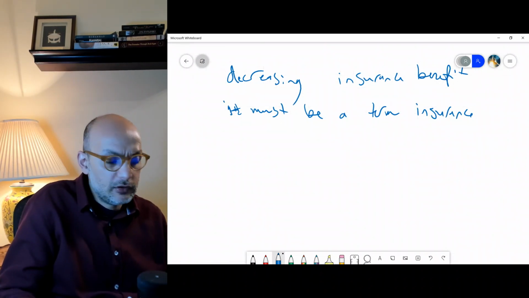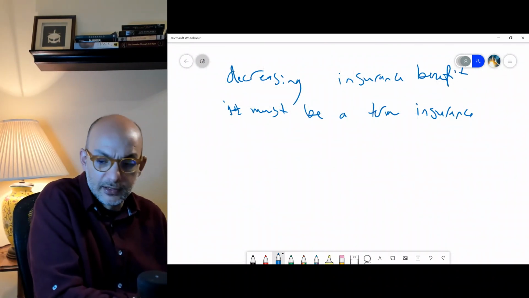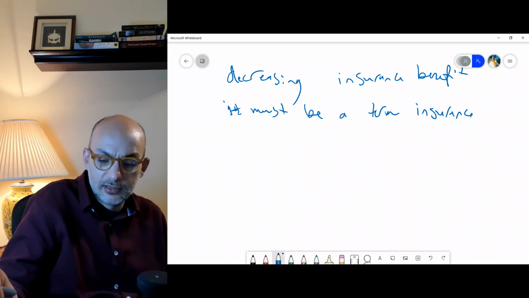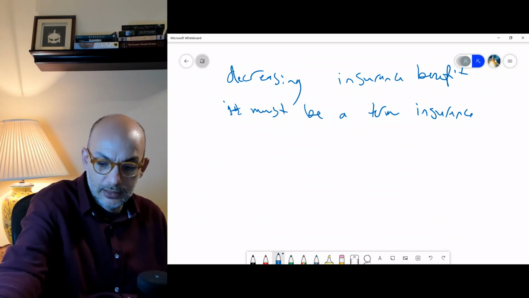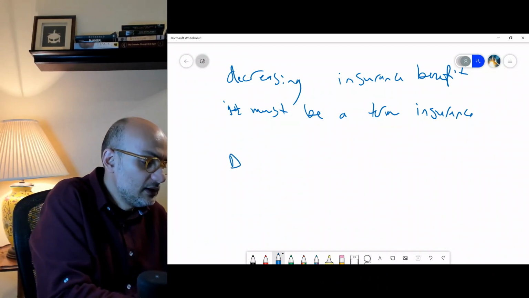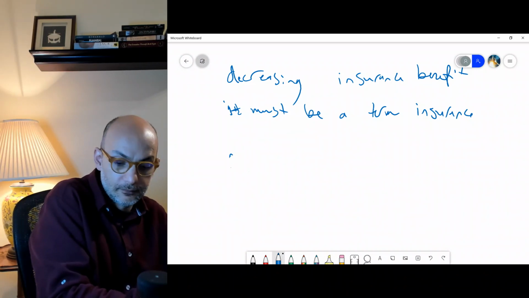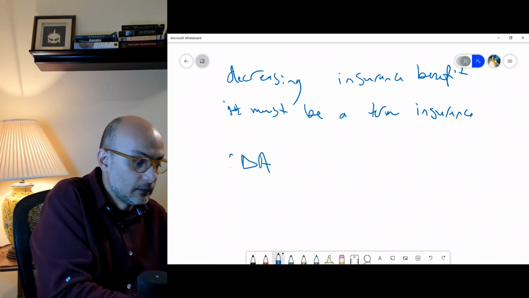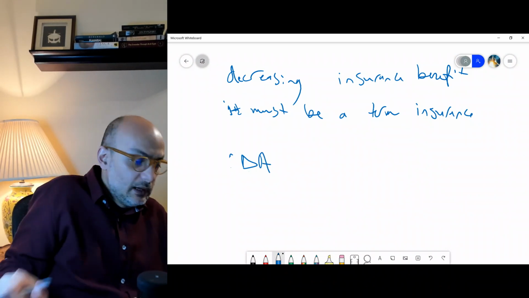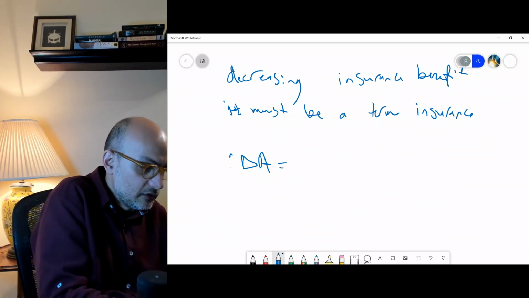So what we wanted to do now is just to define it, right? Let's define this decreasing case as well. So it's DA. And if you have the DA, let's visualize it first.